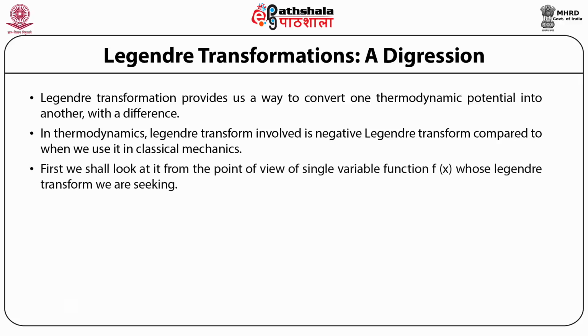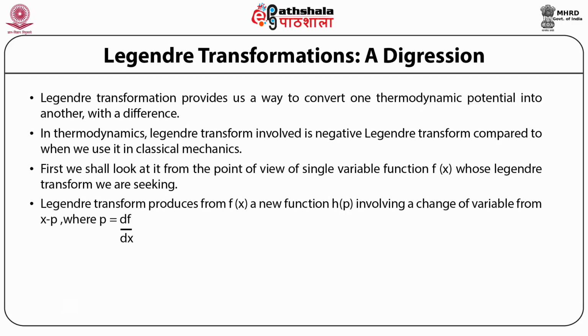First, we shall look at it from the point of view of a single variable function f(x), whose Legendre transform we are seeking. Legendre transform produces from f(x) a new function h(p) involving a change of variable from x to p, where p is equal to the derivative of f with respect to the variable x.